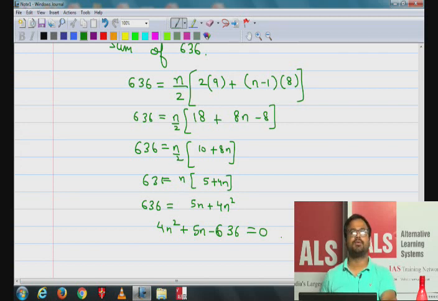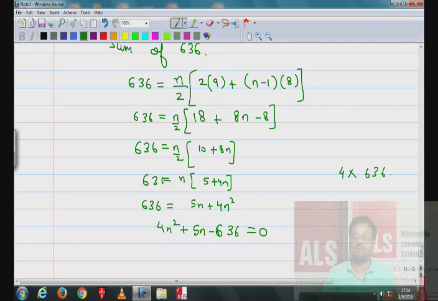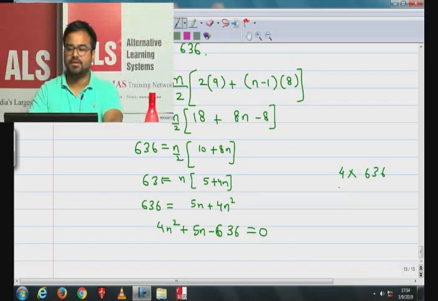Now it's a quadratic equation, so we can solve it either by middle term splitting or the quadratic formula, by any method. If we use middle term splitting, we have to factorize 4 into 636. This 636 can be divided by 12.